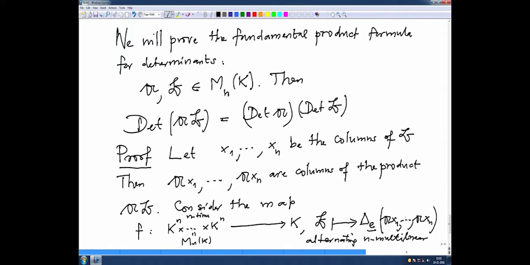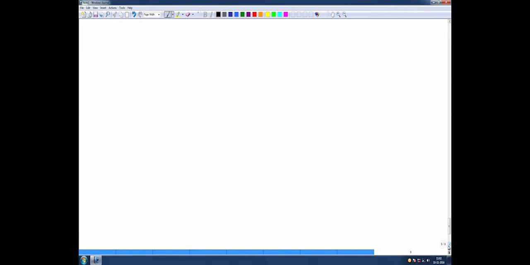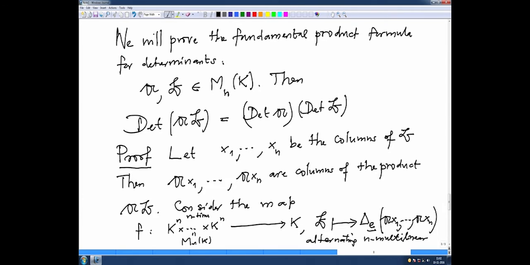If I change this matrix B, in each variable this is linear, therefore it is multilinear.